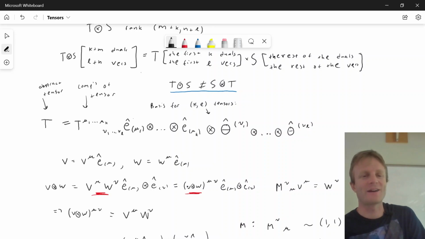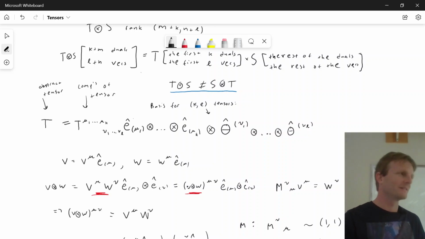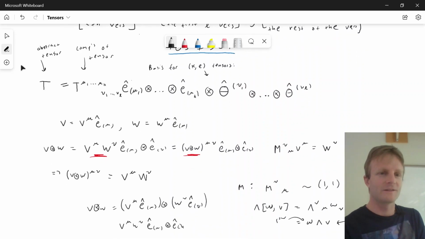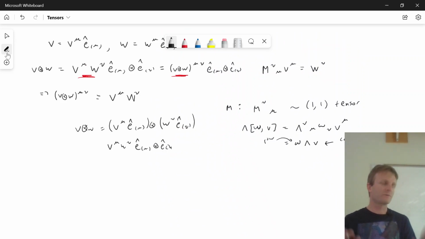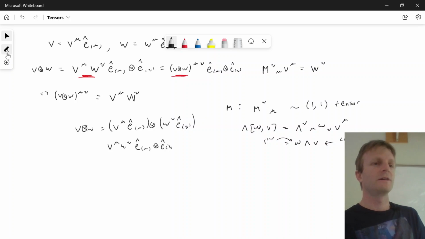I factor this out and write it as V mu W nu minus V tensor W mu nu times E hat mu E hat nu. The definition of linear independence is that that thing times it must be 0. We really don't have to worry too much about this stuff. I'm happy to go through a more mathematical version of this if people are frustrated by this cavalier presentation, but it's not a focus of the course.